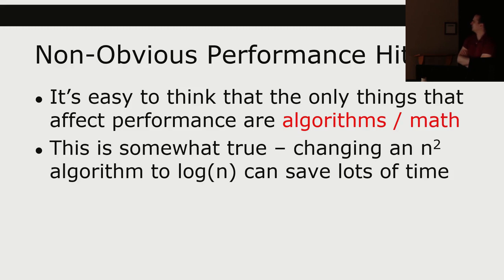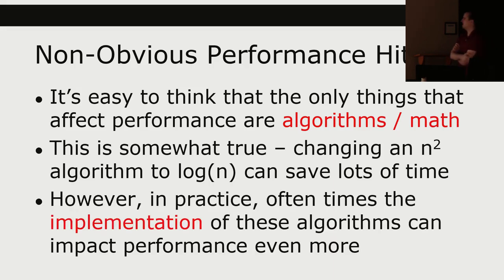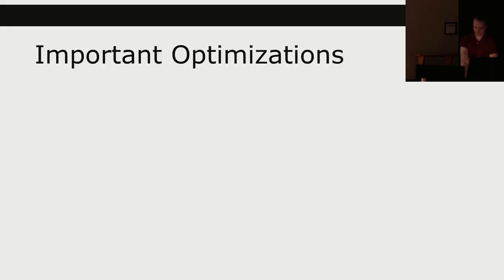Changing O of n squared to O of log n, if you have big n's, is going to save you a lot of time. So that's a necessary step, but it's not a sufficient step. It's not the only thing that we need to think of. And so in practice, the implementation of those algorithms can impact performance even more than the algorithms themselves. And why is that? Well, we'll see.